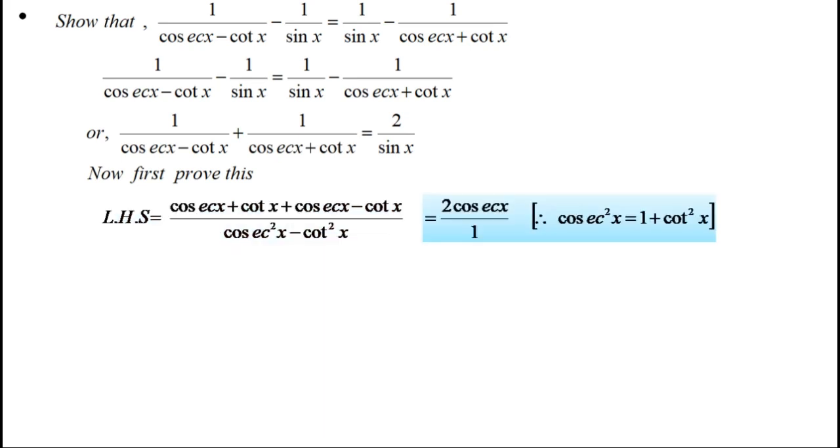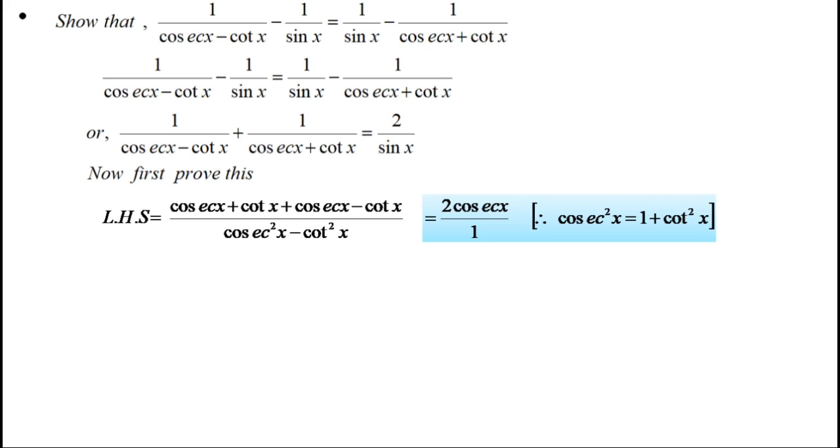Now we know an identity: cosec square x equals 1 plus cot square x. Then cosec square x minus cot square x equals 1. Now put the value of cosec square x minus cot square x equal to 1. Then the expression is equal to 2 cosec x by 1, which is 2 cosec x.